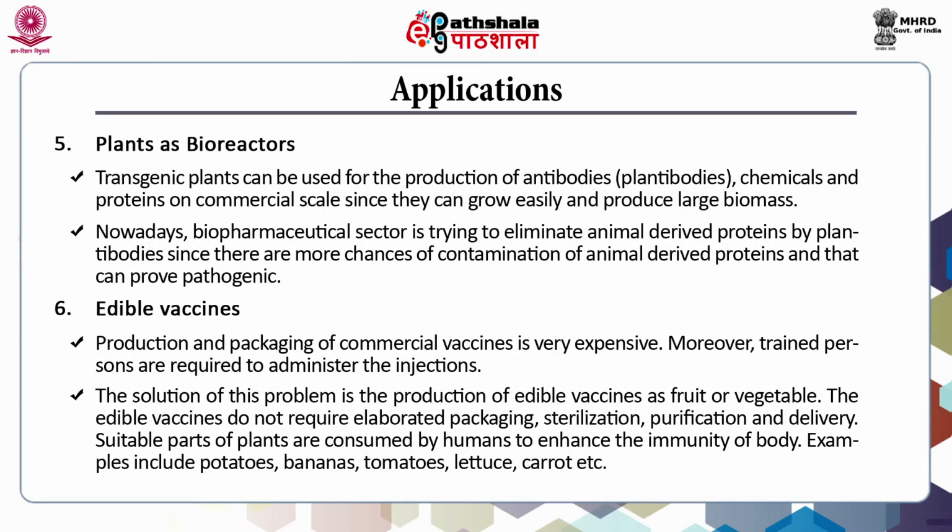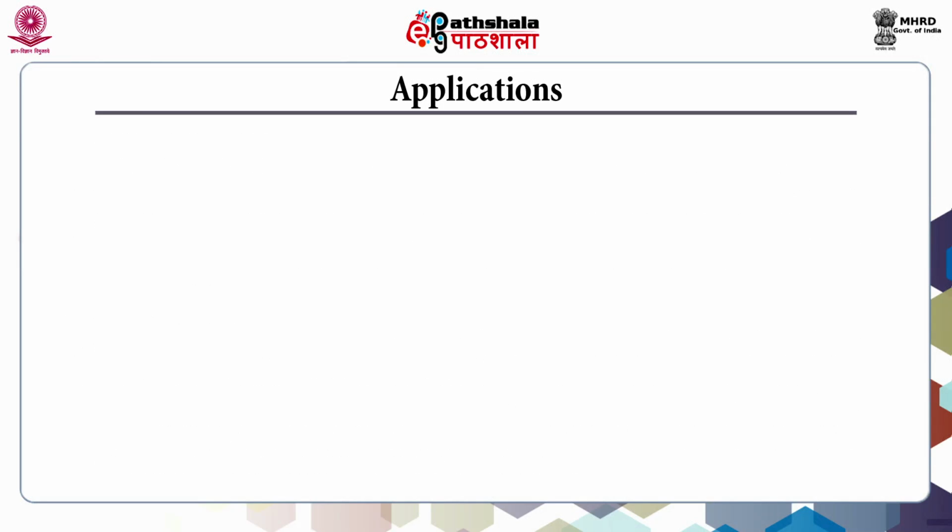The edible vaccines do not require elaborate packaging, sterilization, purification and delivery. Suitable parts of plants are consumed by humans to enhance the immunity of the body. Examples of edible vaccine plants include potatoes, bananas, tomatoes, lettuce, carrot, etc.